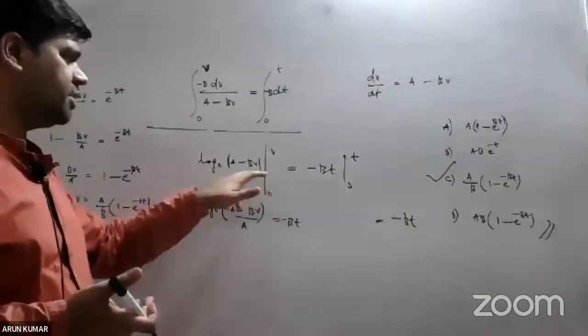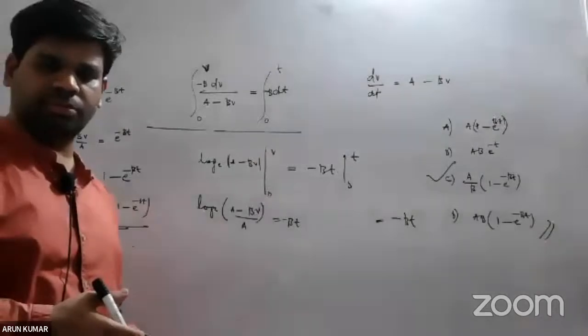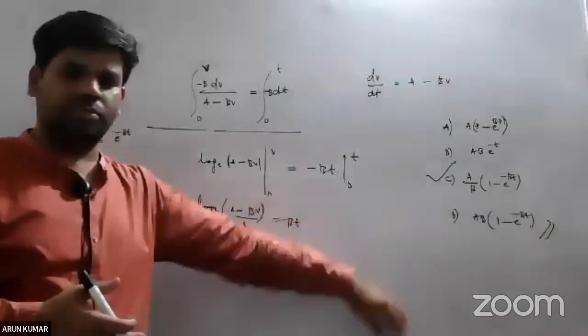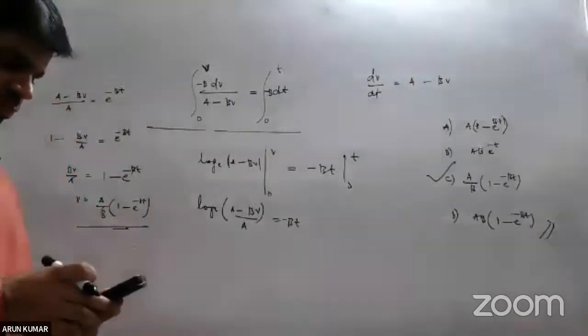So log a minus log b is log a by b, that's why it came like this. Okay, sir.